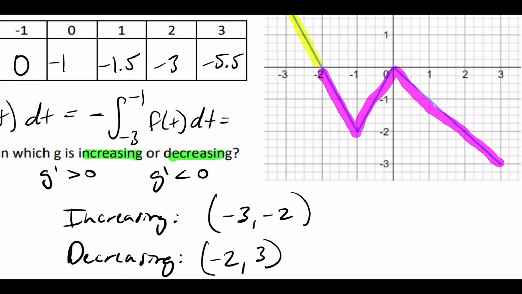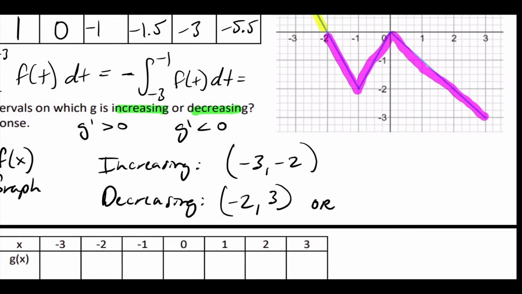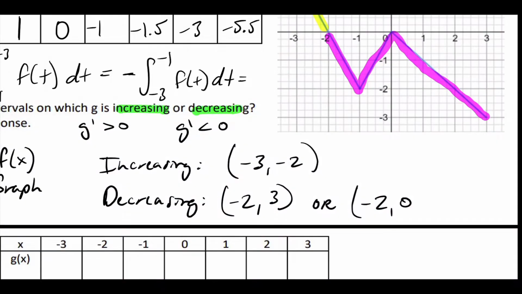They say, hey, at 0, it's not actually negative, it's 0. So you can't put that there. So it just depends. Now, on a multiple choice test, you won't have both, right? So if Delta Math marks you wrong for that, change it to this. Or 0 to 3.